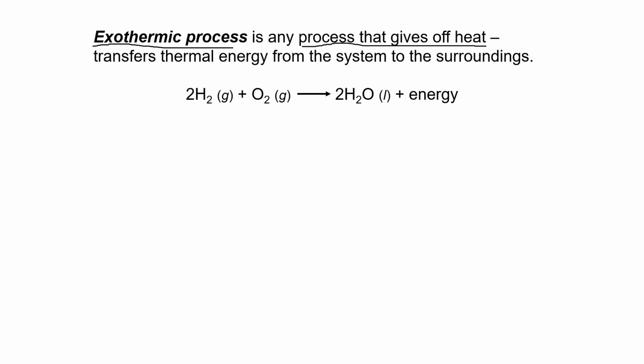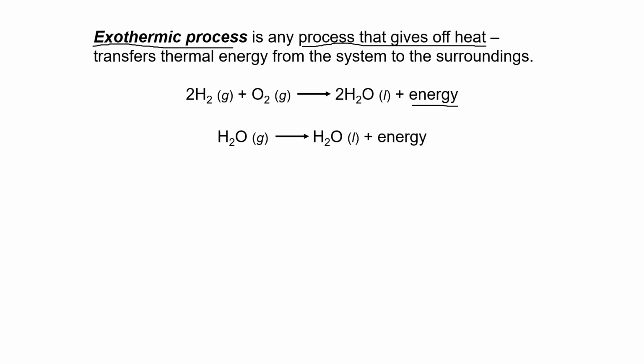Here's an example. This is written as a chemical equation, but this is the formation of water, where we have gaseous hydrogen and gaseous oxygen reacting to form liquid water, and when that happens, energy is released. So it's shown as a product, and this is an exothermic process.